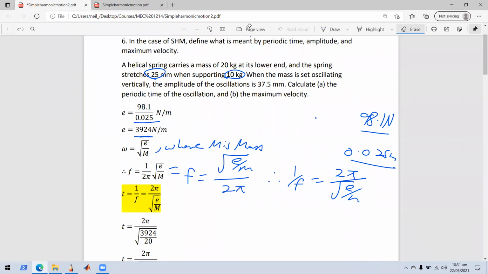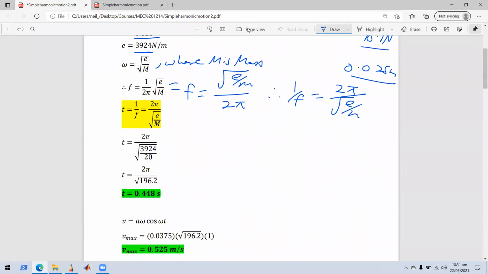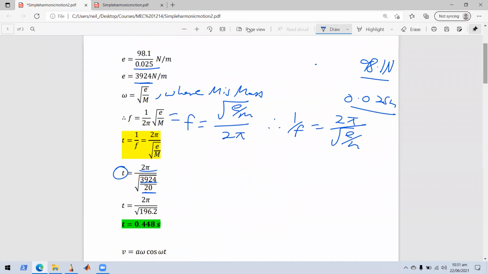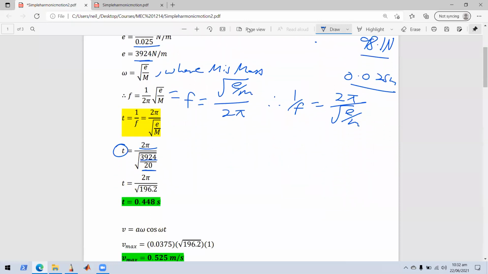Okay. Now plugging the values into that general formula, T is equal to 2 pi divided by the square root of 3,924 divided by 20. Now we use 20 because we found stiffness already, and the question is actually asking for periodic time when it carries this 20 kg mass, right?